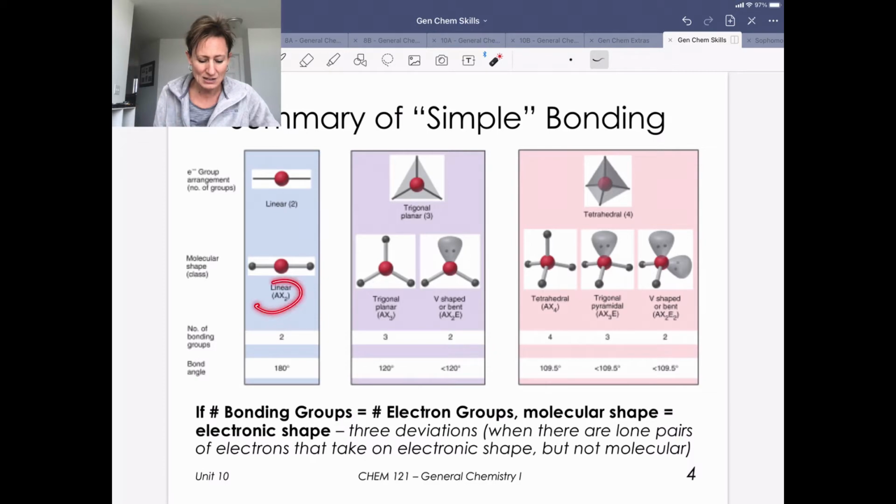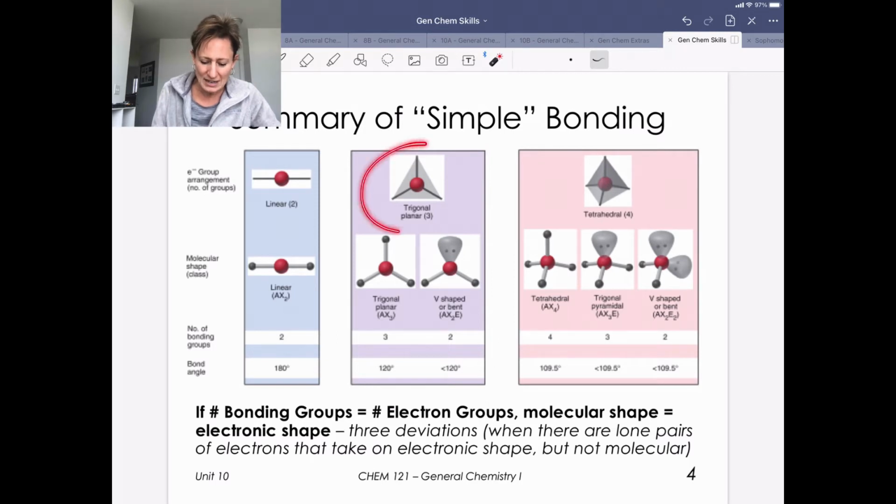Okay, so in AX2, there's two things. Now, there's only two things that those things could be, it's going to be two other atoms if you're talking about a central atom here. So you're going to have then two things around that central atom, and you're going to then have bond angles of 180 degrees. Putting things as far apart from one another as possible is 180 degrees.